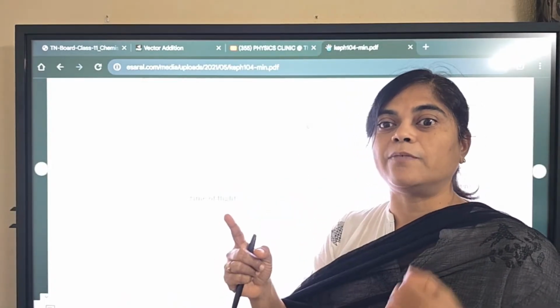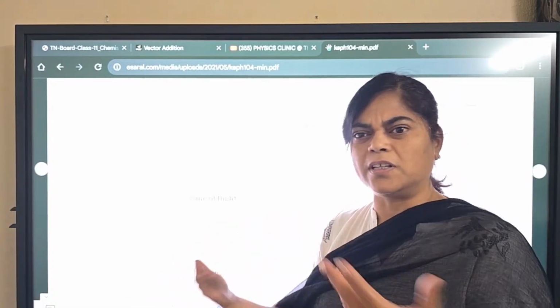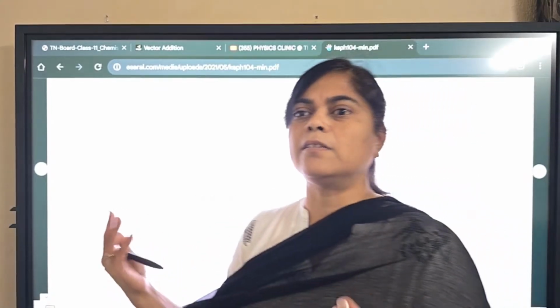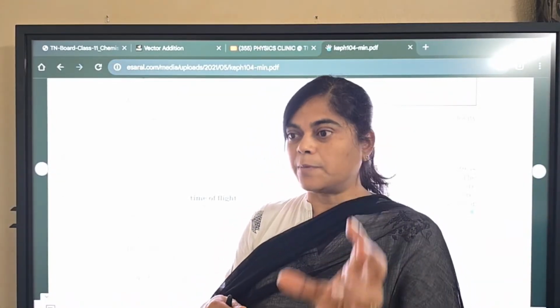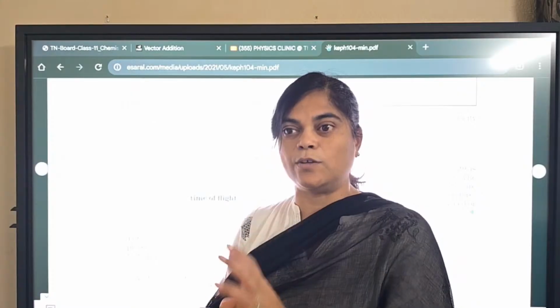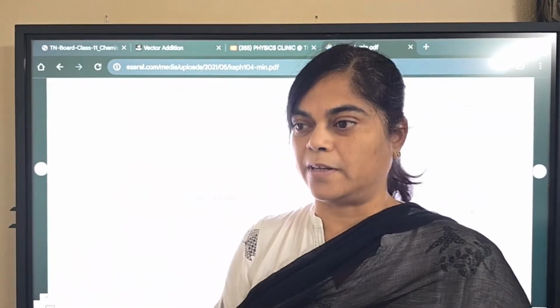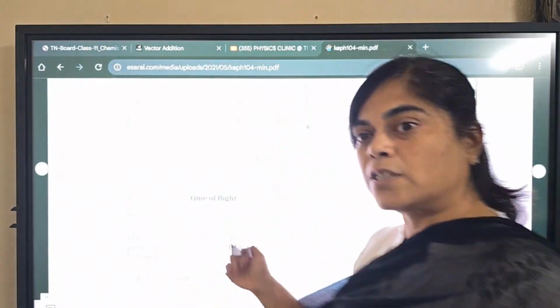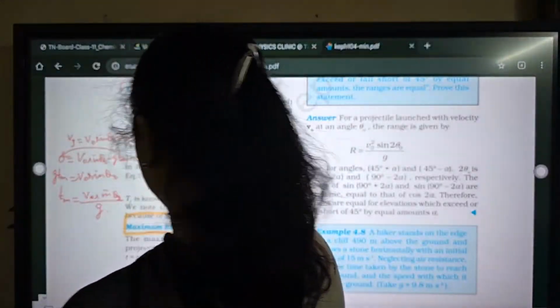You might be confused about why we are taking all these equations, and when these equations will be used. For maximum height, the velocity Vy is 0. That is the hint we are having. Based on that we can easily find out the time period. Next, we are going to find the maximum height.